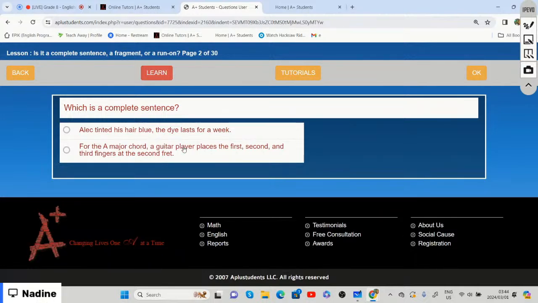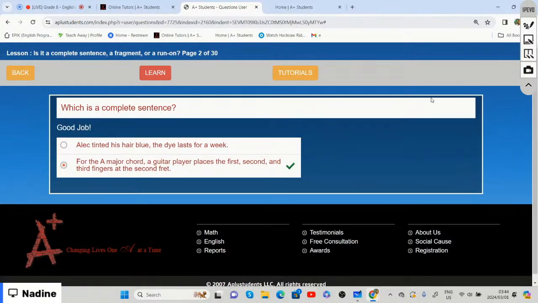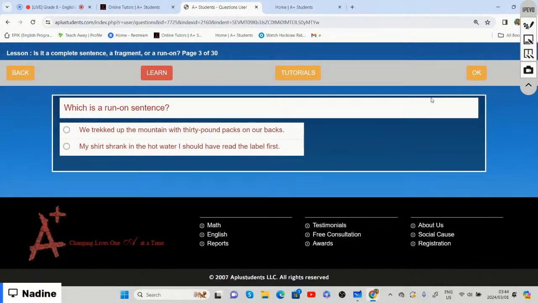So we need to select a complete sentence, which is Alec tinted his hair blue. The dye lasts for a week. Or for the A major chord, a guitar player places the first, second, and third finger at the second fret. All right, so that is a complete sentence, right?